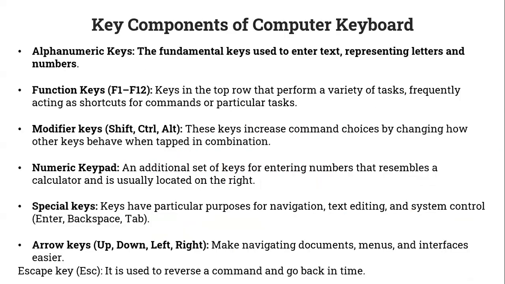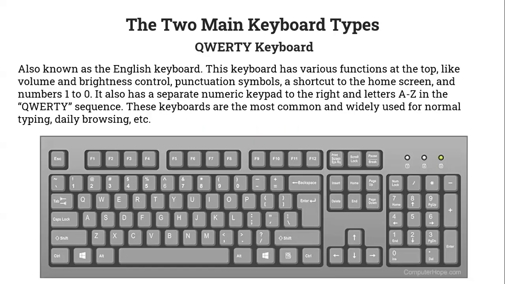So what does it say? It says this key increases command choices by changing how other keys behave. So what does it mean? It's giving you a variety of choices. Say that, okay, number 2 here, you can also use it if you want to press the at character, the at sign.